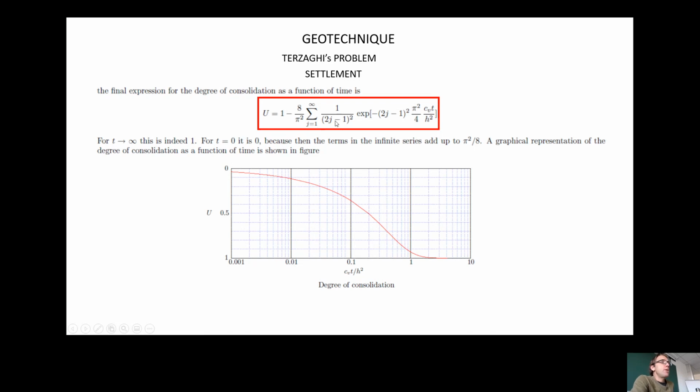So again, U is 0 because the degree of consolidation is nothing, 0. But the terms in the infinite series have pi squared over 8, as we said, is the final value of this. And if we eliminate pi squared over 8 times 2 over pi squared, all this is 1. A graphical representation of the degree of consolidation as a function of time can be shown in this figure, and I want to stop a little and discuss.